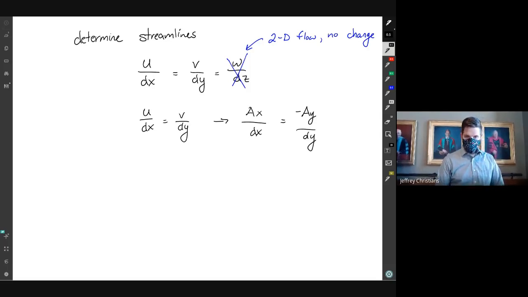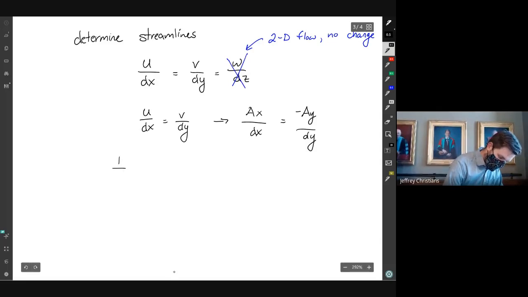So it looks like we already did that. I'm going to flip it because we have dx and dy on the bottom of our fraction. So I'm going to flip both of those over. So we have 1 over ax dx equals negative 1 over ay dy.